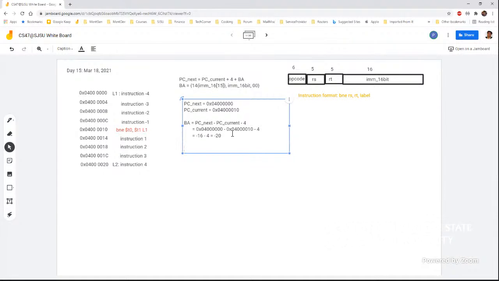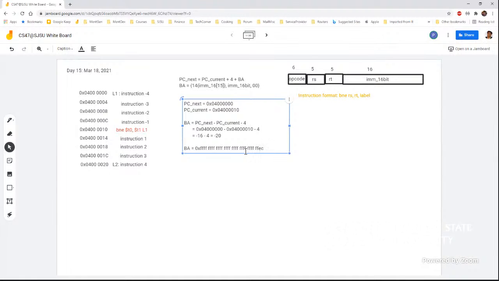So let's exploit the BA's bit pattern. This is minus 20, which means in 32 bits, the 32-bit pattern of BA is 0xFFFFFFEC. Let me count: that's 28 bits of F's, then 4 more, FFEC.